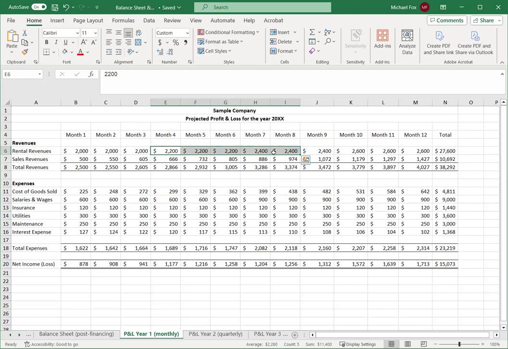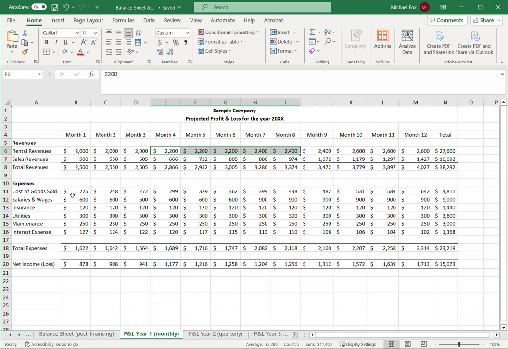Cost of goods sold, the same thing. You can just Google it and say, what's the approximate cost of goods sold for a restaurant? What's the approximate cost of goods sold for whatever type of business you're doing? Usually it will give you a number that's a percentage of sales revenues. And then you can just multiply that percentage times your projected sales revenue and come up with it.